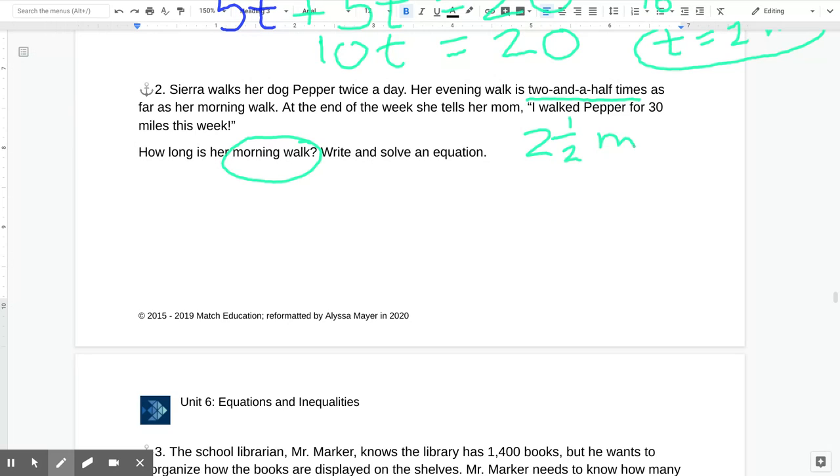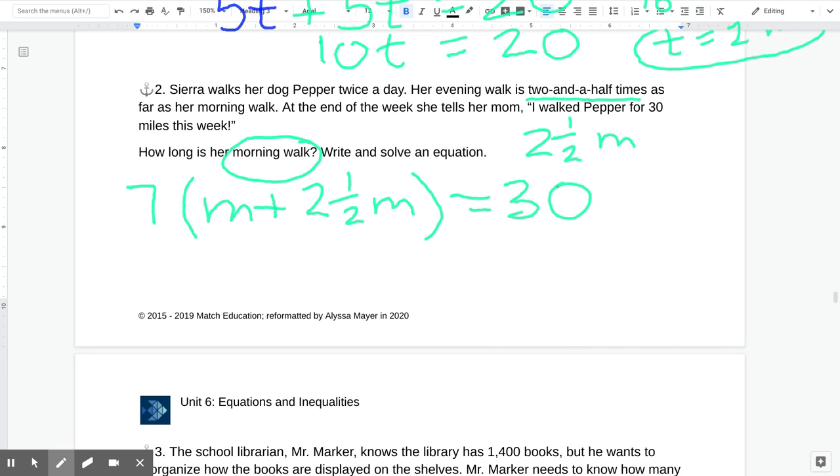And I know that she's going to do 7 days, and each of the 7 days is going to have a morning walk and an evening walk, which is 2.5 times the length of the morning walk. And then we're going to multiply that by 7 because she goes for 7 different days. And all of that is 30 miles.